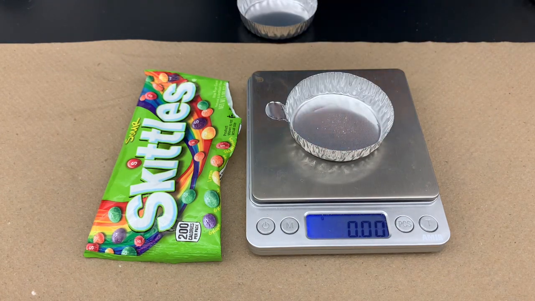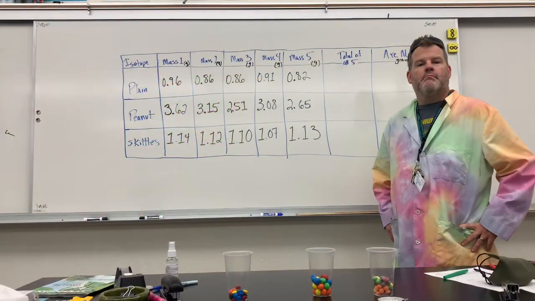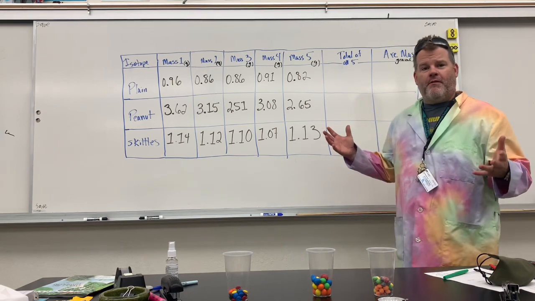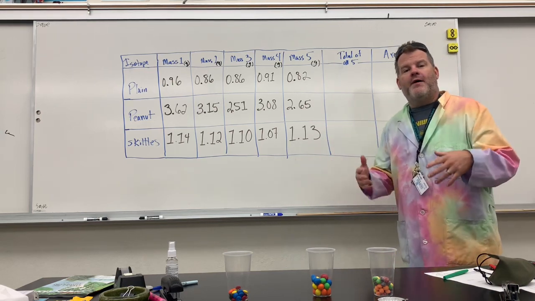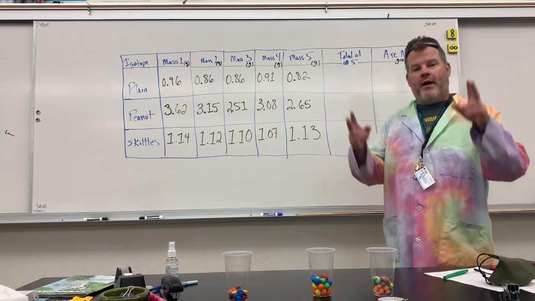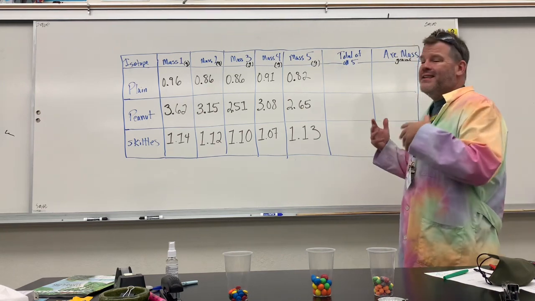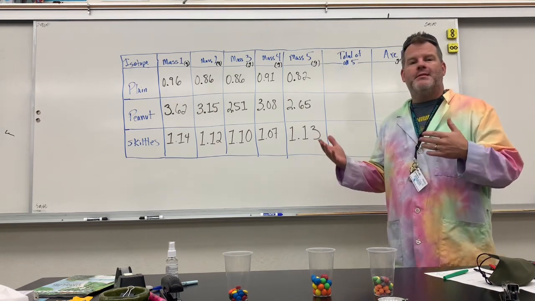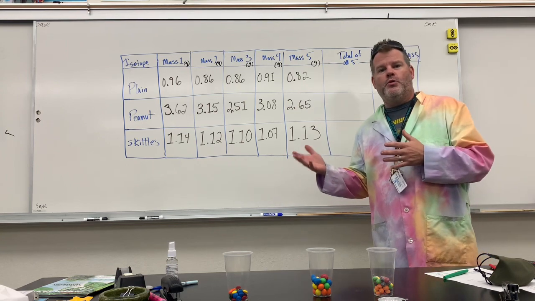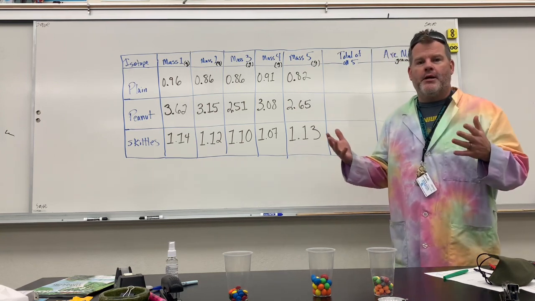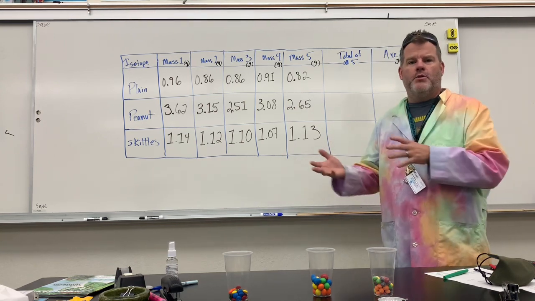Let's see what this is gonna look like. Okay, so now that we have all of our information, now it's time to find the average mass of each of our isotopes. And remember, we're finding the average mass because of the inconsistencies within our individual candies. If we were just using regular isotopes, we would just use the mass of those isotopes.